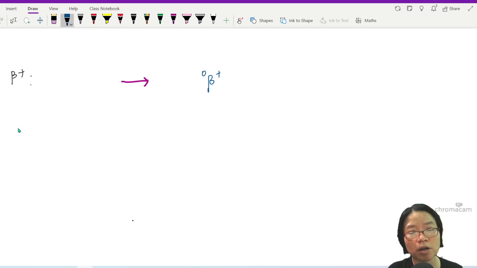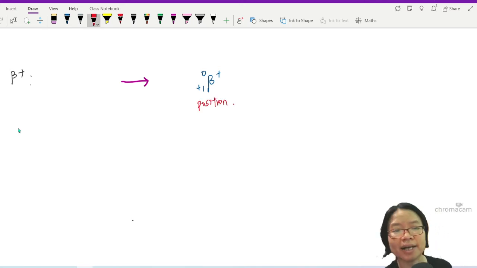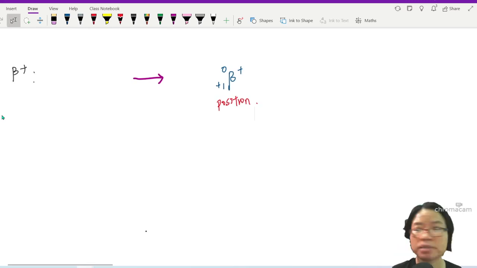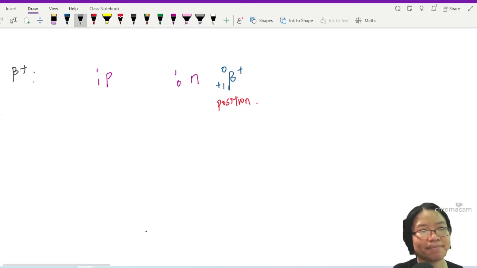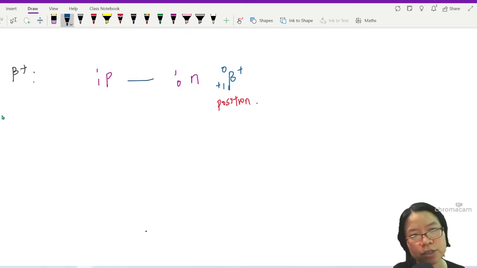The nucleon number will be 0, but the proton number will be 1. This is my positron, or my anti-electron. So in order to balance my numbers, I should have a proton decaying into a neutron.